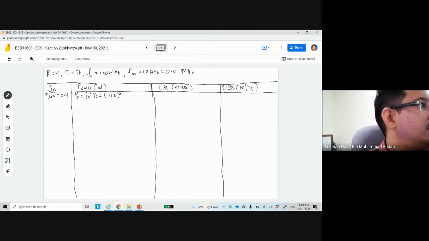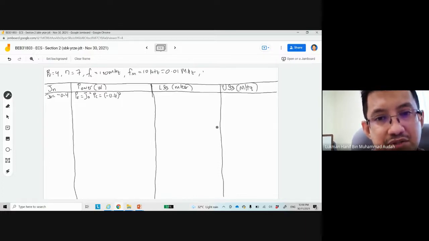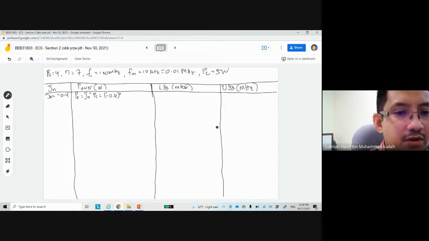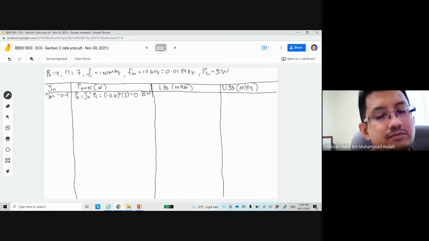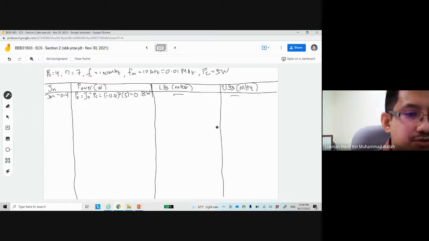How much? PC kita telah lihat telah diberikan dalam soalan, PC is given in the question, which is equal to 5 watt. Okay, times 5. So this is equal to 0.8. Okay, and this is the center, so there's no upper and lower because this is the center.